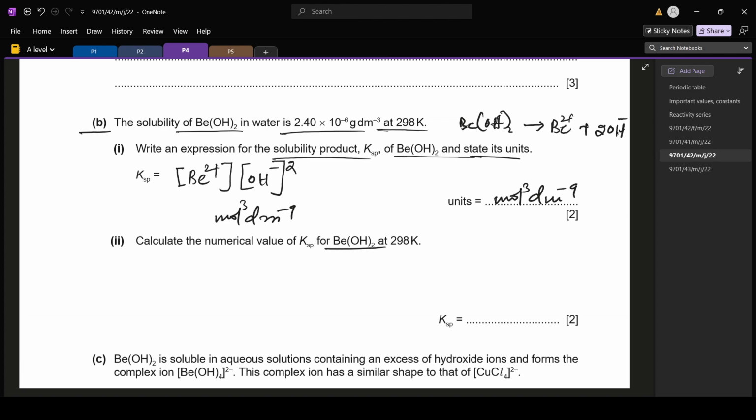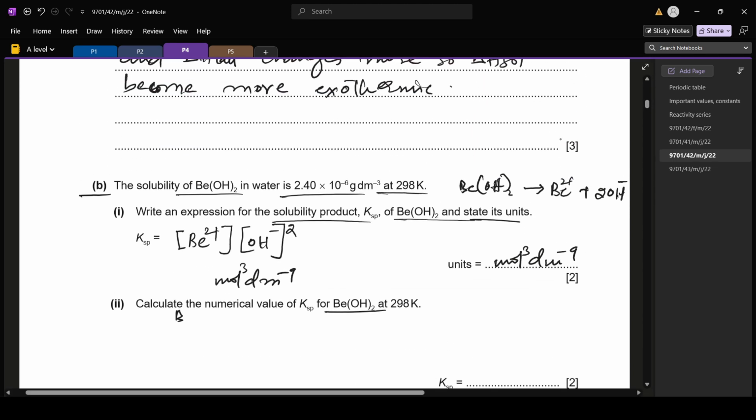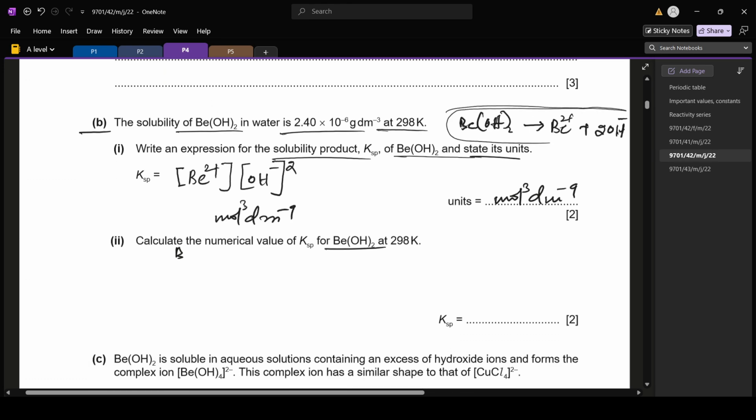The formula is given, which we have made. So now I'm writing this equation again here. When barium hydroxide dissolves, by the way, this reaction is reversible.